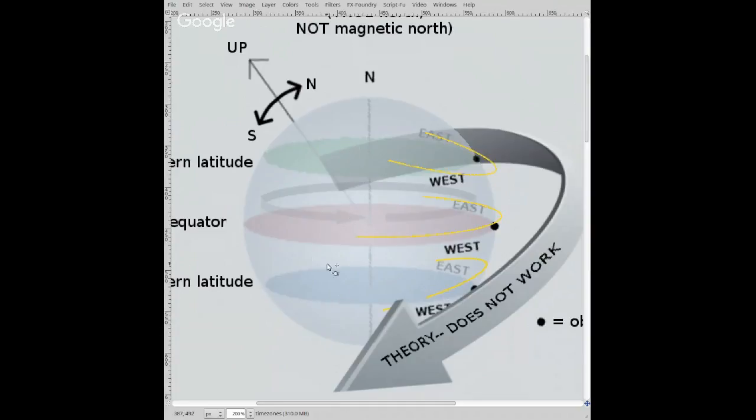These things are perpendicular, that is to say a right angle to the stick through the ball, okay? And if you trace that line around the outside of the ball, this one would be the equator. This one would be some southern latitude. This one would be some northern latitude. Now, I happen to live in a northern latitude, so this is an area roughly where I would be, okay?